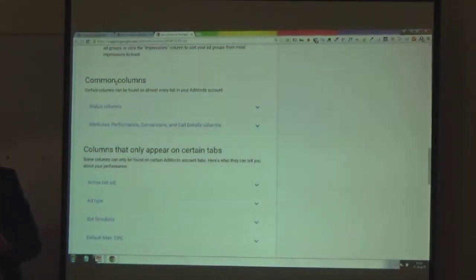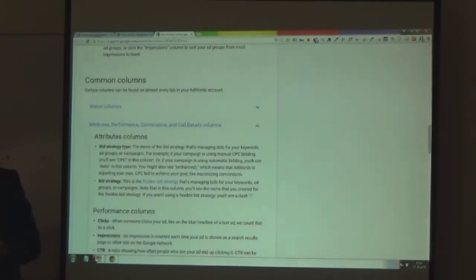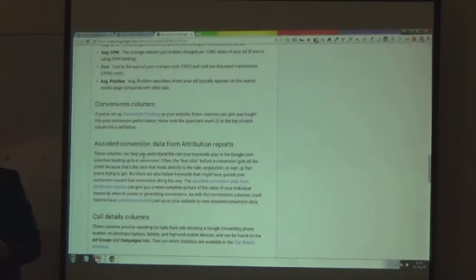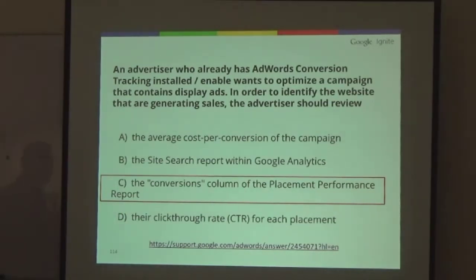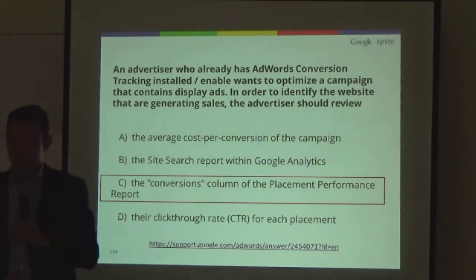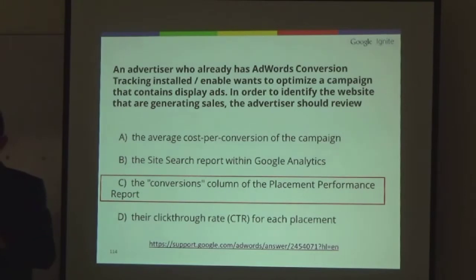You see here, under common columns: attributes, performance, conversion, and call details columns. So this is something you might want to read a little bit about, the conversion columns that are available. These are considered quite common. Even search advertising has them, and display has them as well. But take note, in display, we go to the placement performance report to view this data.